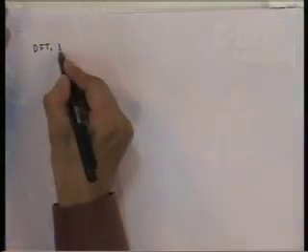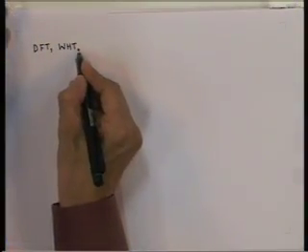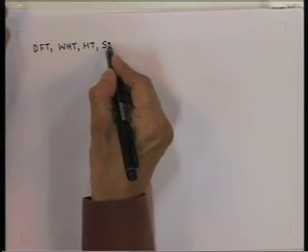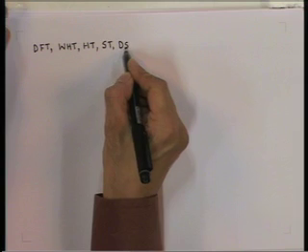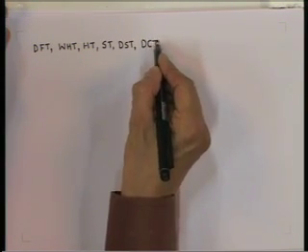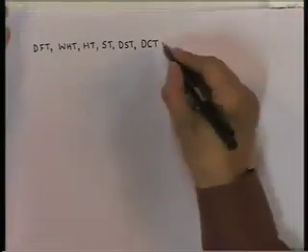For example, there are popular transforms like discrete Fourier transform, Walsh-Hadamard transform, Haar transform, slant transform, discrete sine transform and discrete cosine transform and many more.